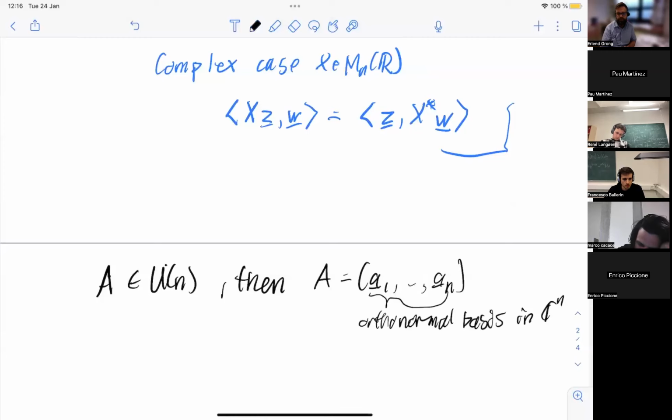You can verify this with the same argument. Just as the orthogonal matrix consists of an orthonormal basis in Rn, the unitary matrix consists of an orthonormal basis in Cn. So they are the analog there.